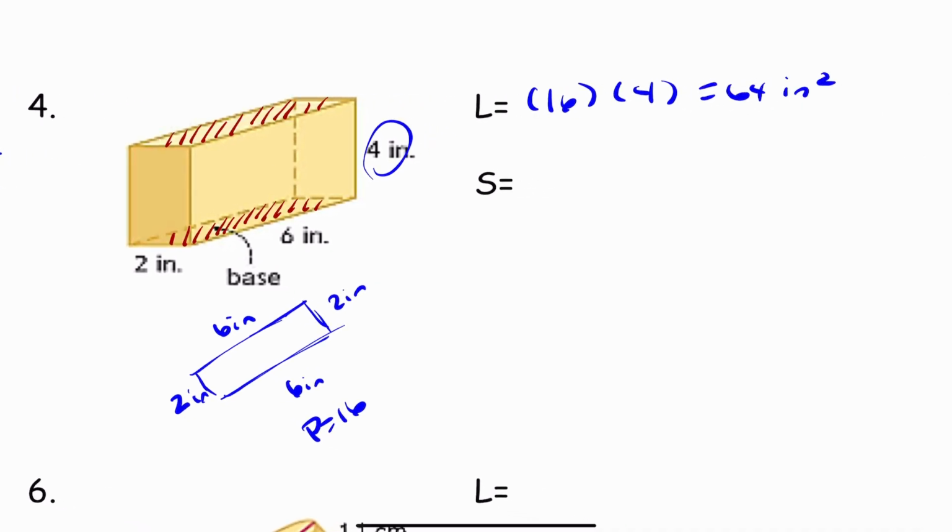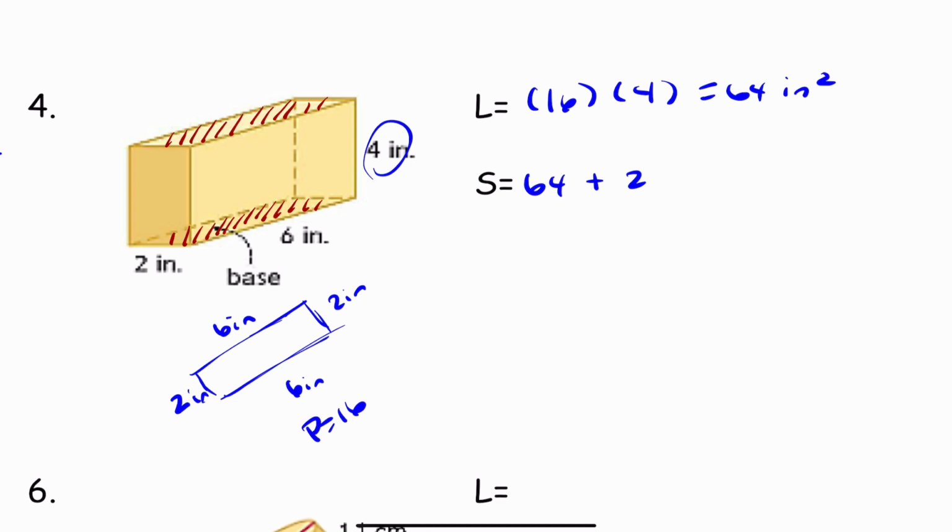And then the surface area is the 64 plus the 2 times 12, or 6 times 2. Hold up 1 second. Let's see, 16 times 4 is 64, so that's the lateral area. And then the surface area is the lateral area plus the 2 bases.